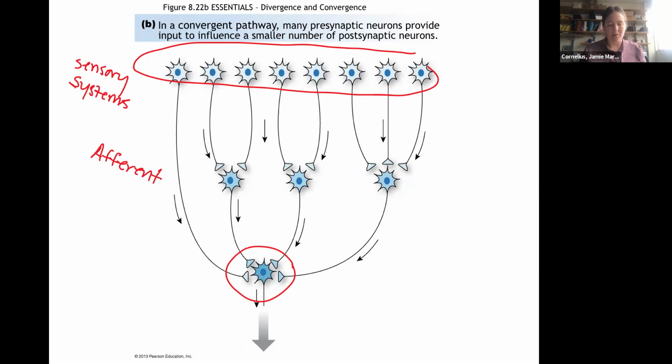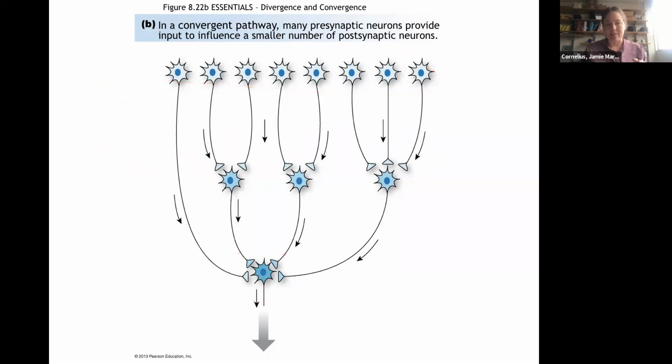So these words are annoying because they're so similar, but efferent, I pronounce it efferent, soft E, is the outgoing pathway, whereas afferent with an A is the incoming pathway. So that's the pathway moving from the sensory systems via the peripheral nervous system to the central nervous system. So you see convergence commonly in afferent sensory pathways.